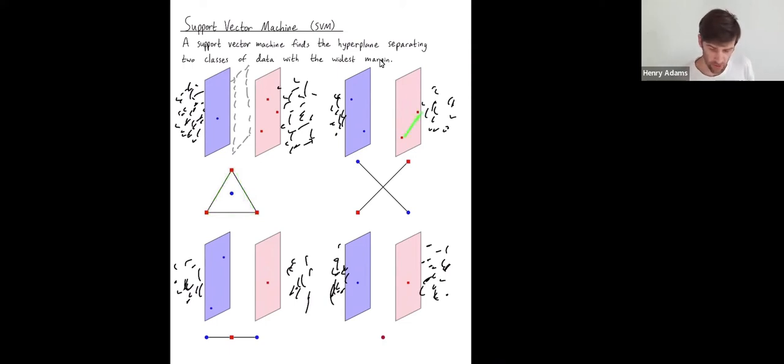Alternatively, my support vectors could be divided 2 and 2. And when I project to the separating hyperplane, okay, I'll get a Radon configuration like this, where in the separating hyperplane, the projected blue points have a convex hull, which is an edge that intersects the convex hull of the projected red points.